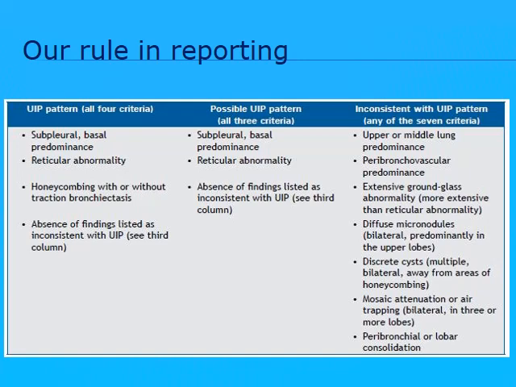If we have upper and middle lobe or middle lung zone predominance, if the distribution is very bronchovascular, if there is extensive ground glass opacities, diffuse micronodules, discrete cysts, mosaic attenuation with air trapping, peribronchial or lobar consolidation. As you see, each one of these points to one of the diseases that we have described before.